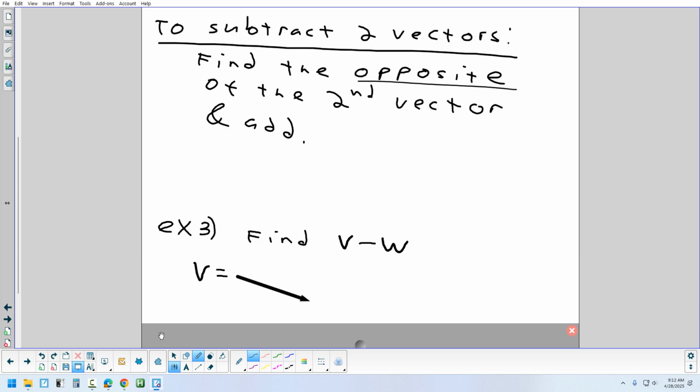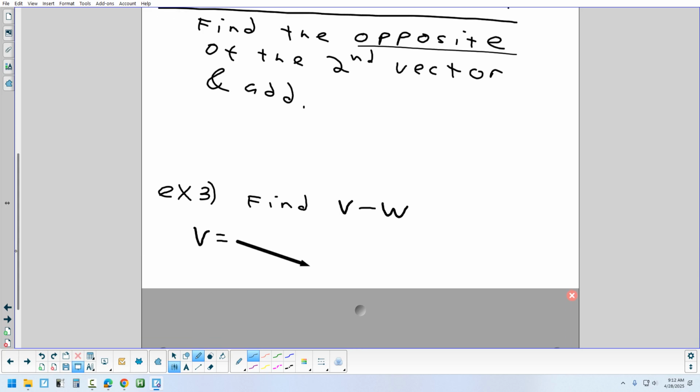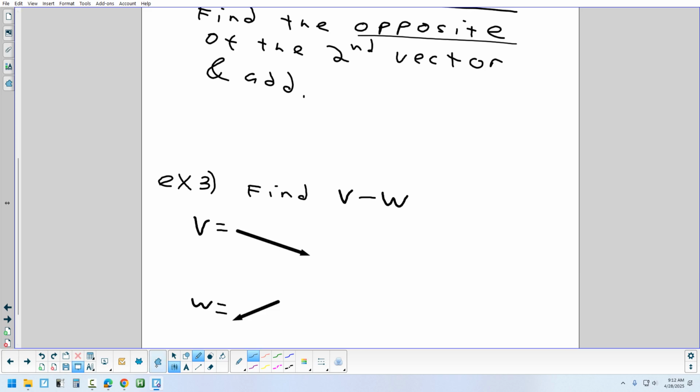All right, so let's see if we can do v minus w. Okay. So, how can I think of v minus w as addition rather than subtraction? Let's start just by rewriting that. I was just going to say you could go the opposite way with it, but I really don't know anything after that. Like how to figure out v minus w.